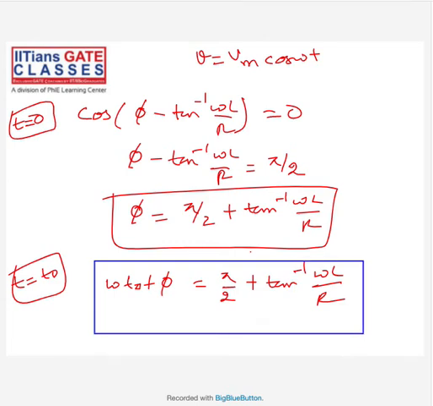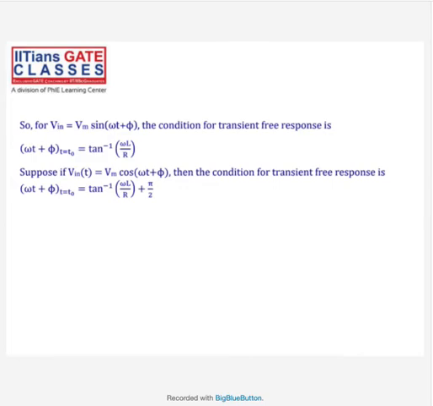This is for an RL circuit. Remember, the AC transient free condition for an RL circuit is this. Note this down.